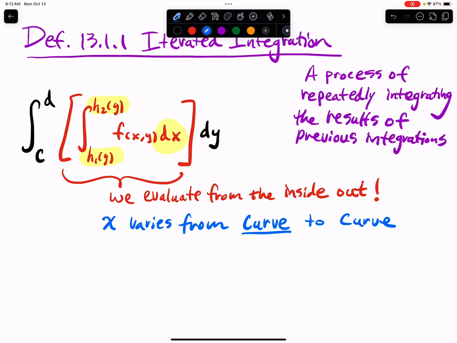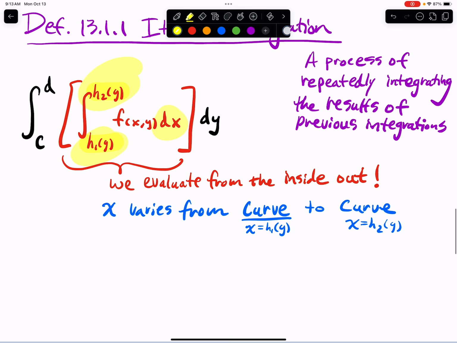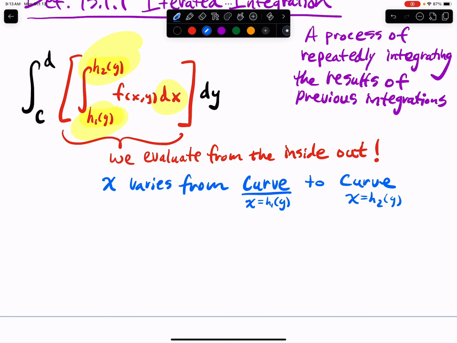The first curve is x equals h1 of y to x equals h2 of y, right here, right? And then once I get done integrating there, I then integrate with respect to y from c to d.